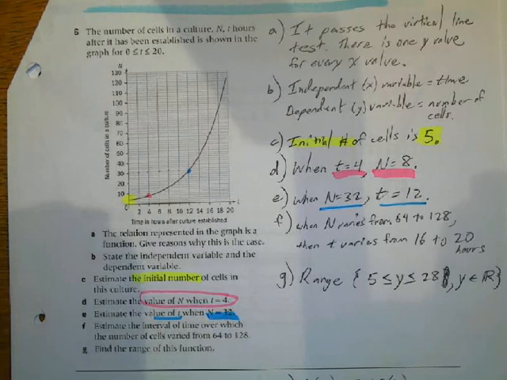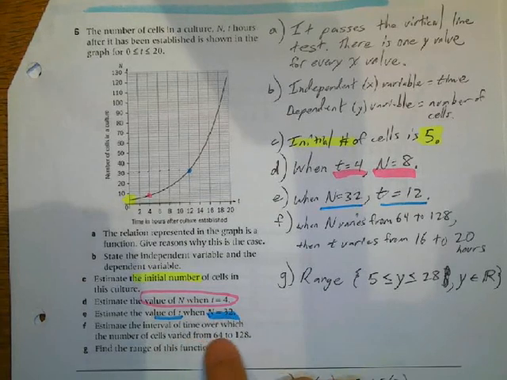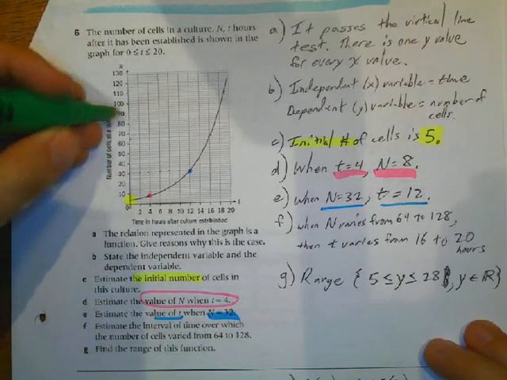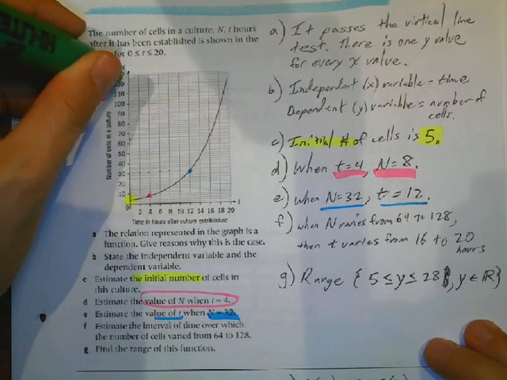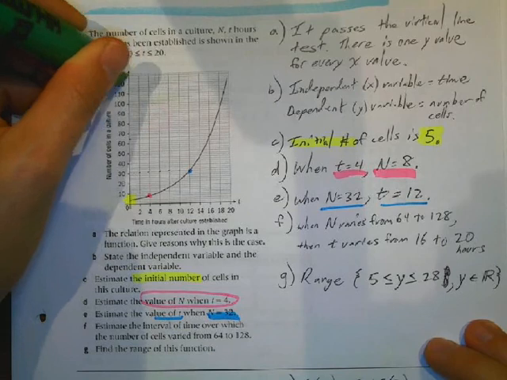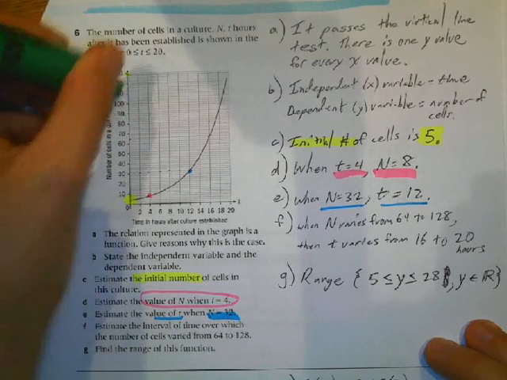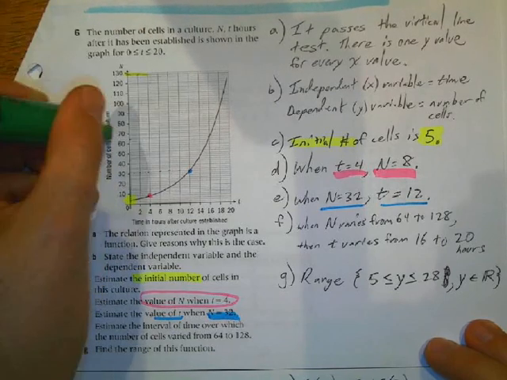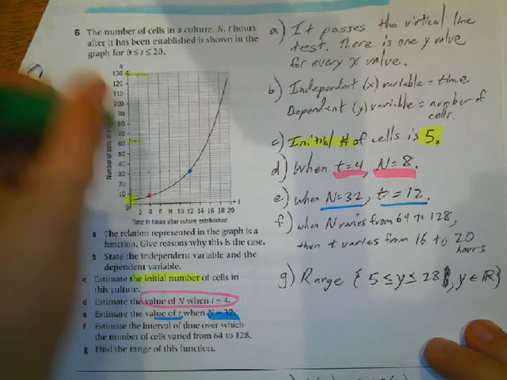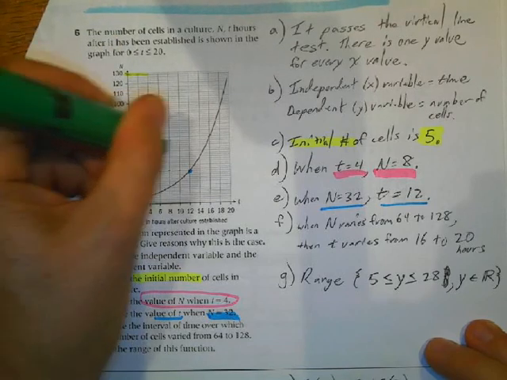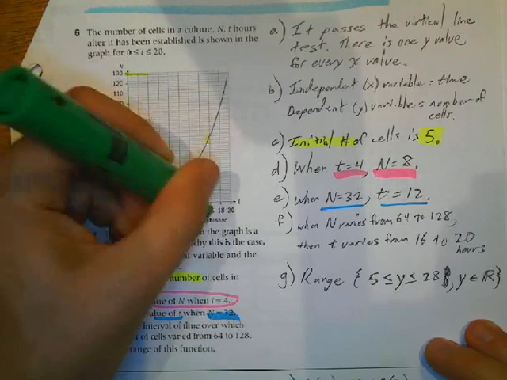Okay, estimate the interval of time over which the number of cells varies from 64 to 128. So 64 to 128 is between here and here. So at 64, I go over and down, and it looks like it's at 16.